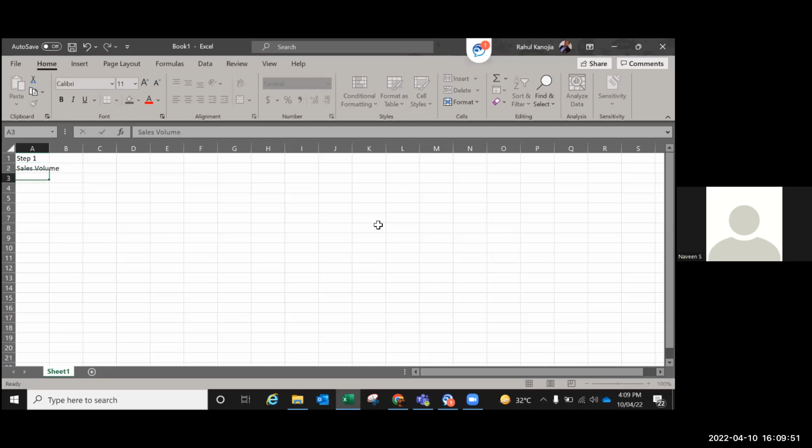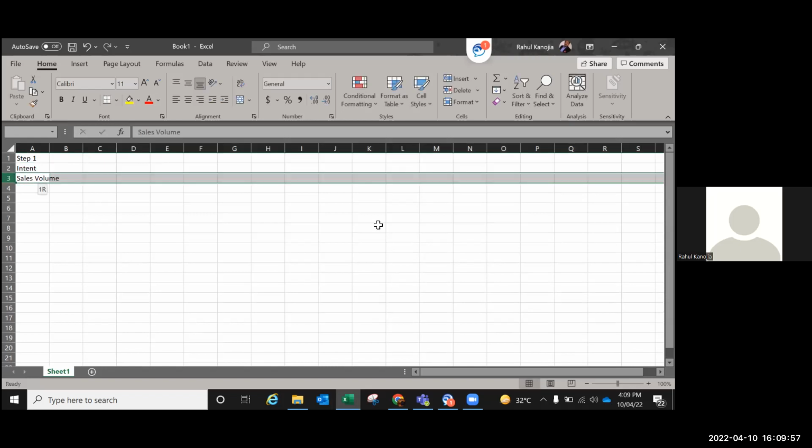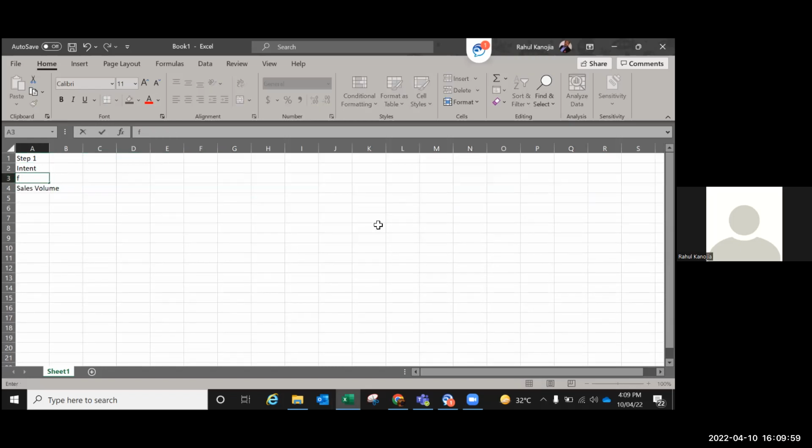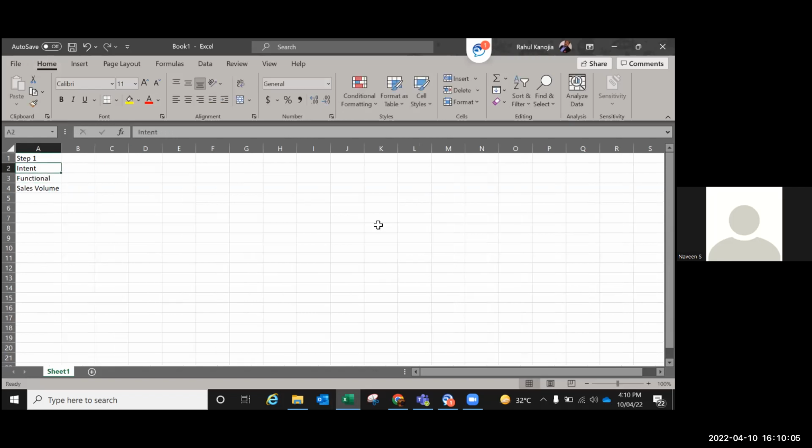First is intent. Volume. Okay. Intent. Then functional, right? Functional, correct. First, we'll note down the steps, then we'll do the grading part.